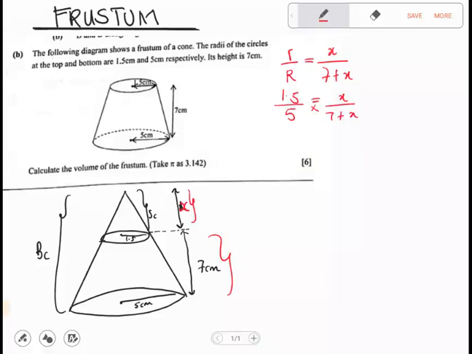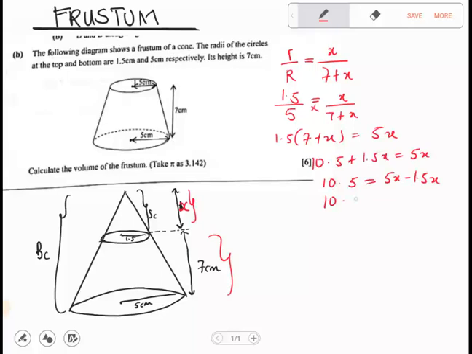So here you use a calculator. We are multiplying 1.5 by 7 plus x equal to 5 times x, which gives 5x. So 1.5 multiplied by 7 gives 10.5 plus 1.5x is equal to 5x. Then 10.5 equals, this one goes to that side, becomes 5x minus 1.5x.